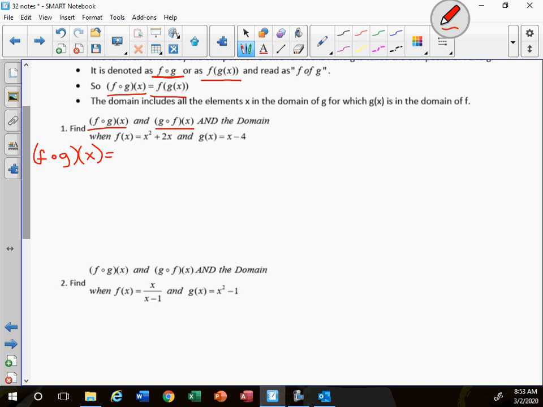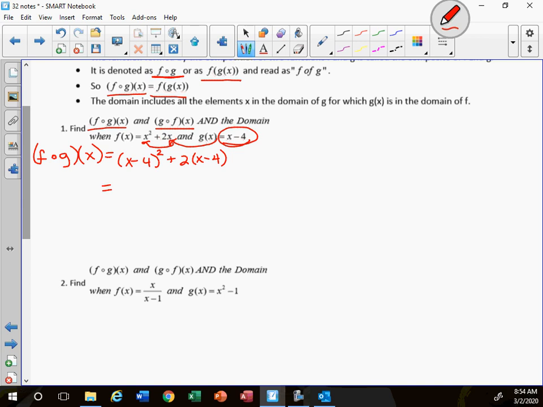So what does it mean to do f of g of x? Do you guys know? Yes, take the g of x function and substitute it in. So this whole x minus 4 is going in everywhere there's an x in the other function. So we have the quantity x minus 4 squared plus 2 times x minus 4. All right, x minus 4 quantity squared, is that just x squared plus 16?